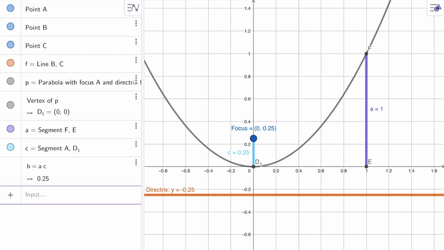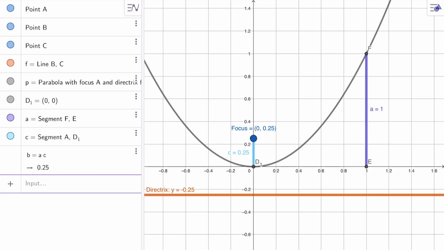And if you recall from parabolas, if you go over 1 unit, the amount that you have to go up or down from that 1 unit to get to the function is always your A value, always and forever, because your parent function is (1, 1). So whatever you multiply that y value of 1 by is your A. Well, looking at this parabola, we can see that C is 0.25 and A is 1.